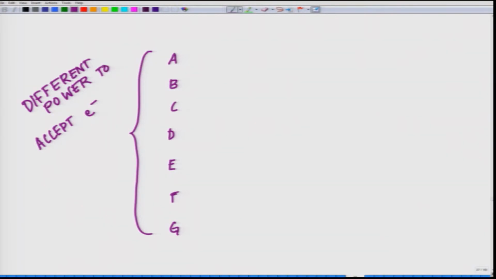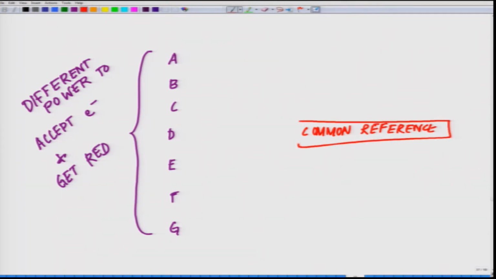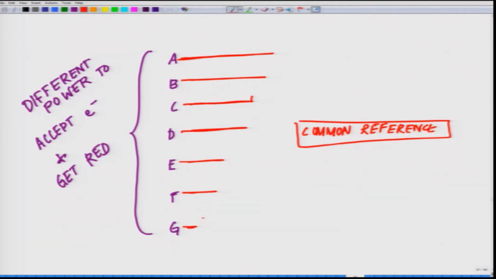In order to compare them, I needed a common reference. With respect to the common reference, I measured it. So this one has a value, this one has a value, this one has a value. You can give a number to them with respect to it. The common reference may be something.